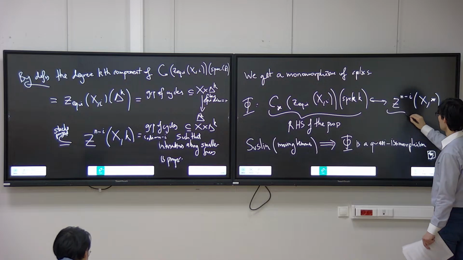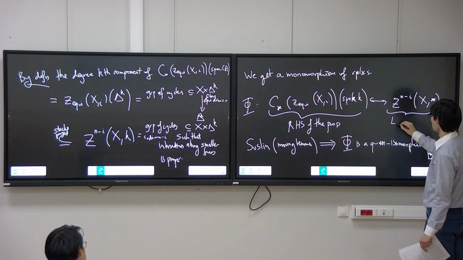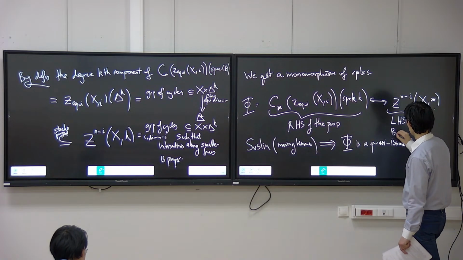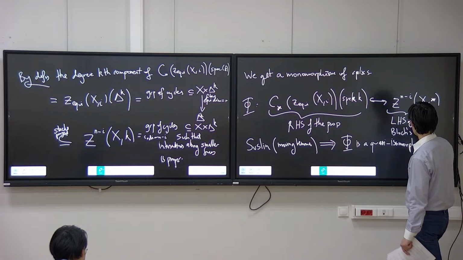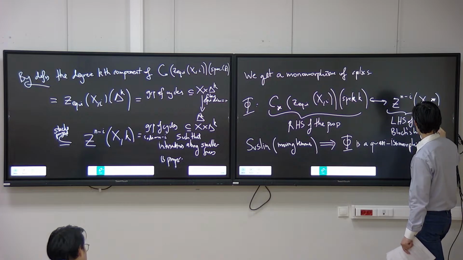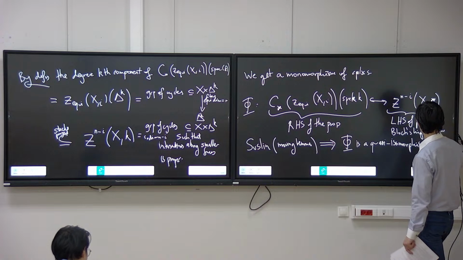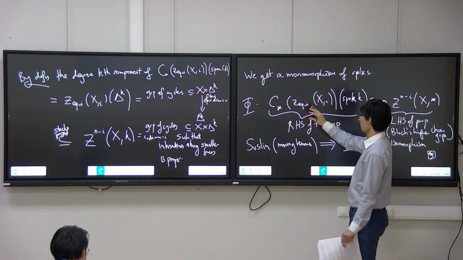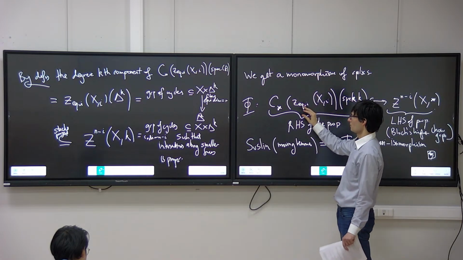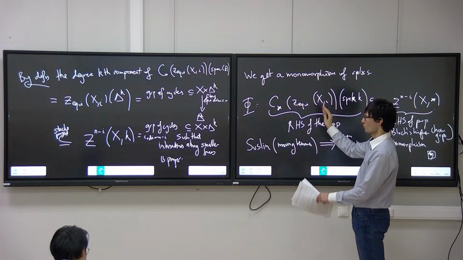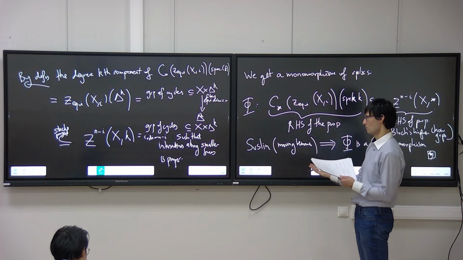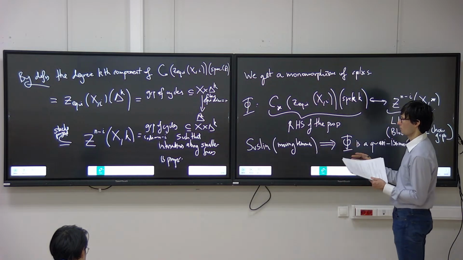Because on this side here, this is the left-hand side of the proposition. So this was Bloch's higher Chow groups. And on here, we had this Borel-Moore motivic cohomology, or this equivariant thing after we equate using bivariant cycle cohomology.